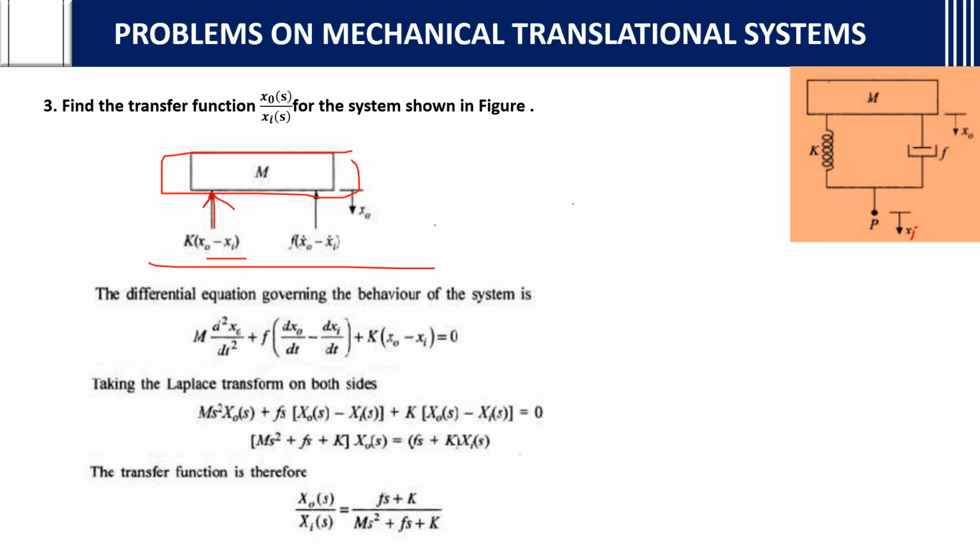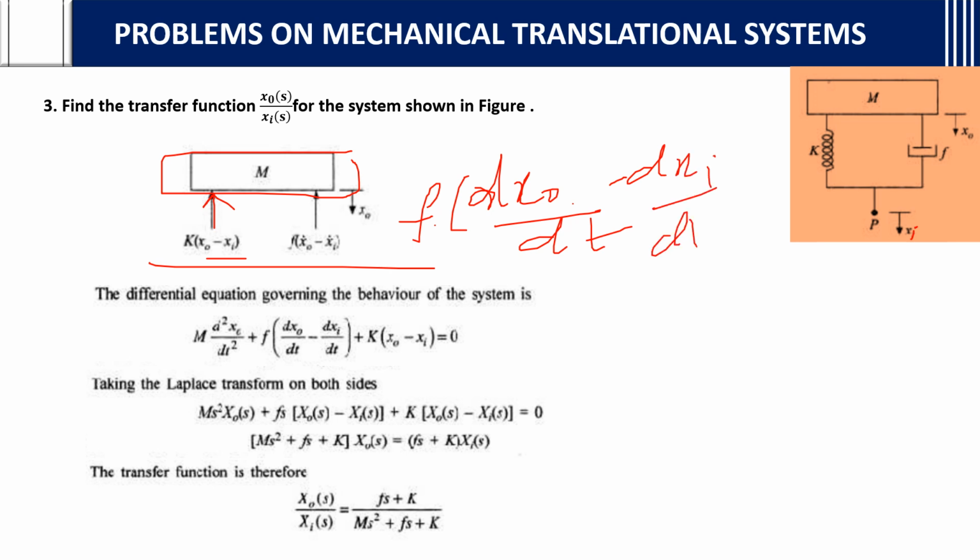We can even write x0 dash, xi dash, which is nothing but differentiation. So keep that in mind. Or else you can simply write f of dx0 by dt minus dxi by dt. In this way also you can represent.